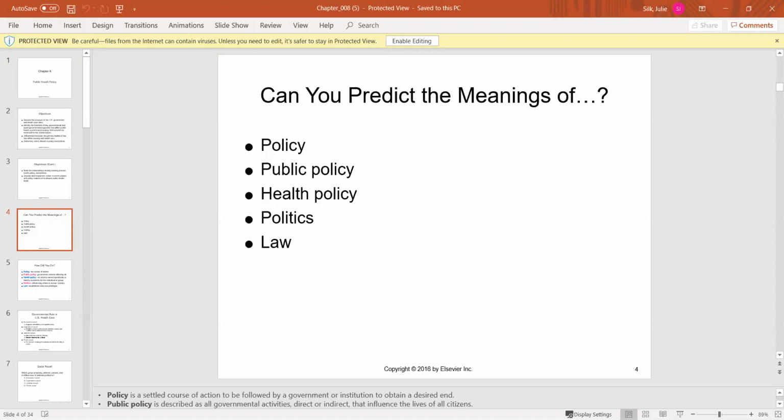And then health policy. So this is a set course of action to obtain a desired outcome for an individual, family, group, community, or society. So let me give you an example here. Really, you could use the corona stuff for this as well. But say we had a person who has some kind of contagious disease, like maybe they have TB.